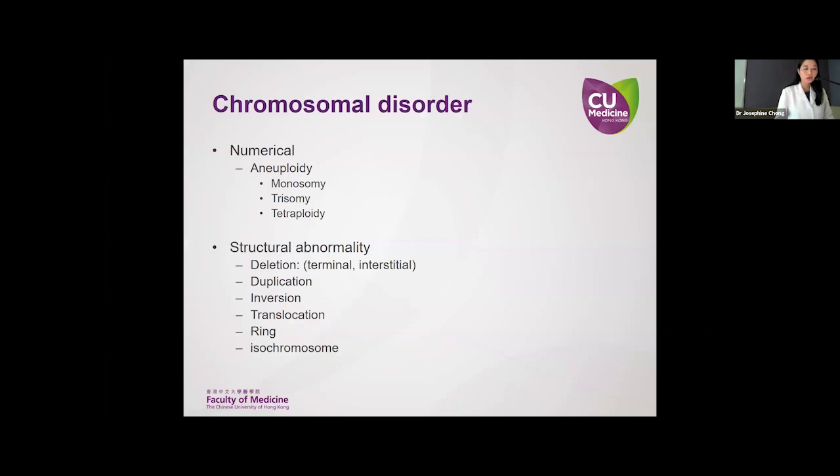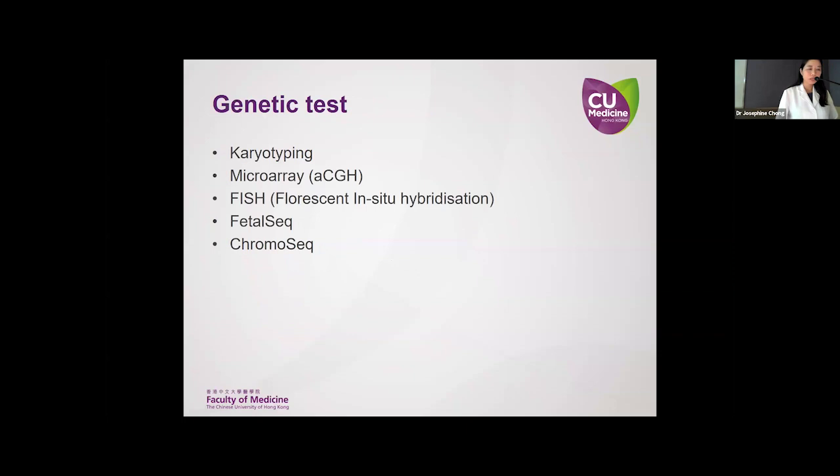Chromosomal disorders could have numerical abnormalities, including aneuploidy, monosomy, triploidy, trisomy, tetraploidy, and they could also present with structural abnormalities such as deletion, duplications, inversion, translocation, ring chromosome, isochromosomes, or other smaller copy number rearrangements.